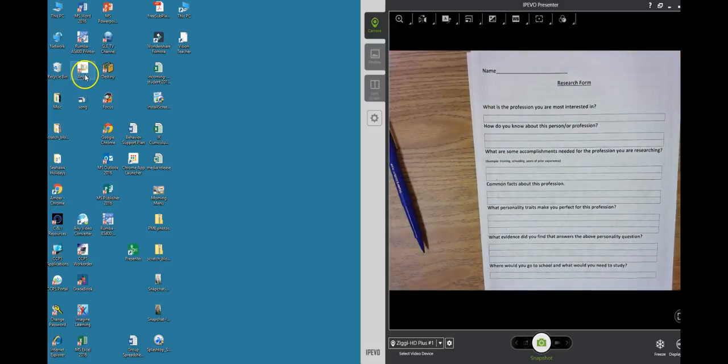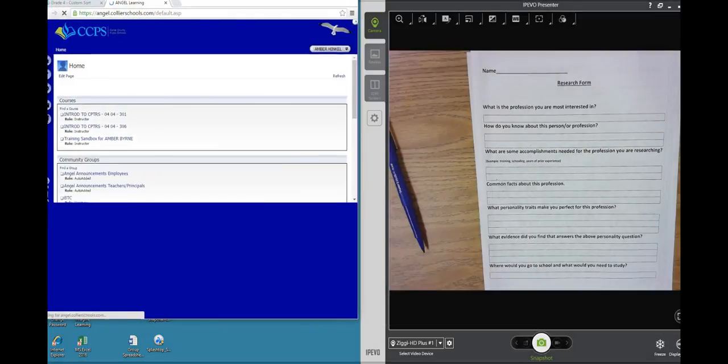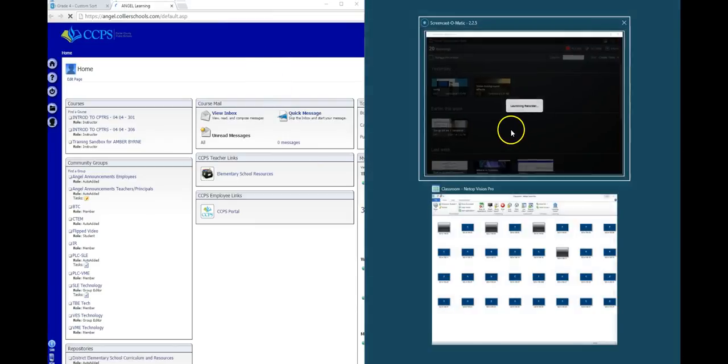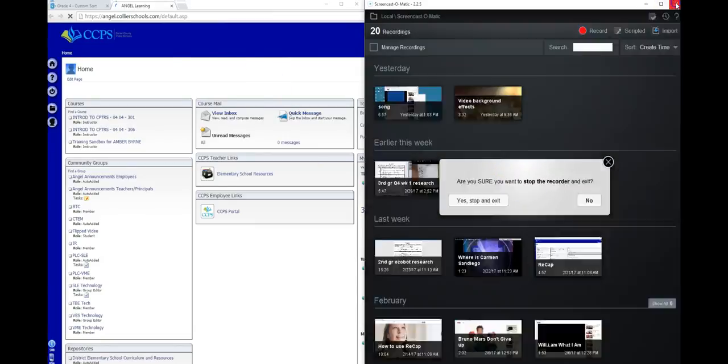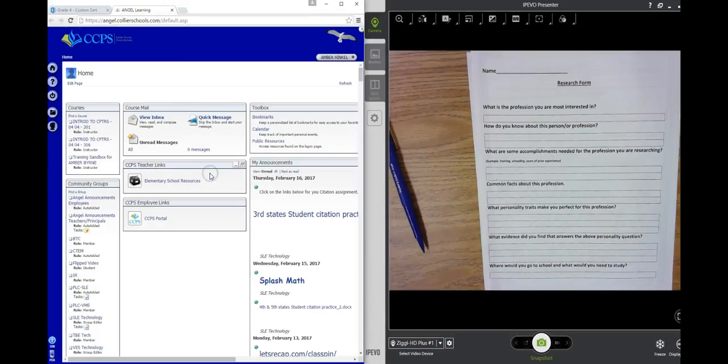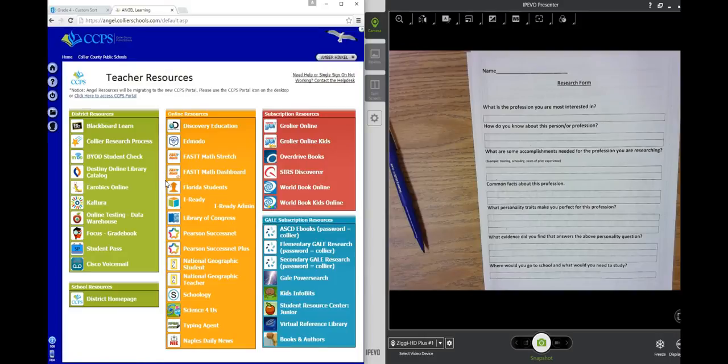To get started, we're going to go to Angel. You're going to click on your stack of books. And you can use any of the district resources here and even Discovery Education.